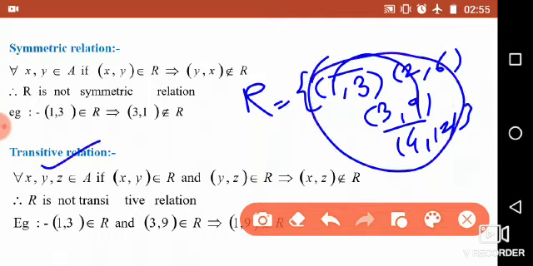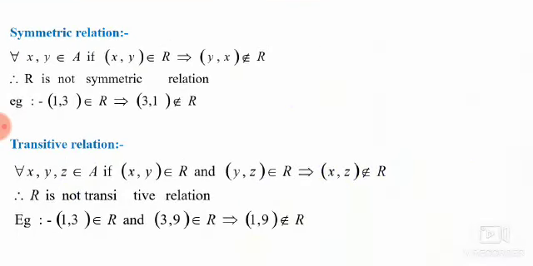That's why R is not transitive. Therefore, the first problem is a relation which is neither reflexive nor symmetric nor transitive. This is one of the examples of a relation which is neither reflexive, symmetric nor transitive.